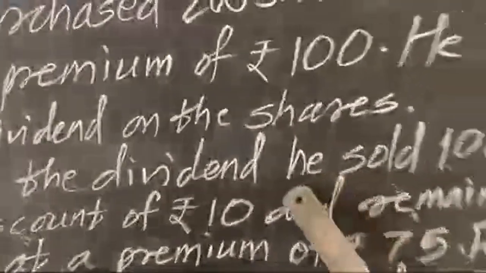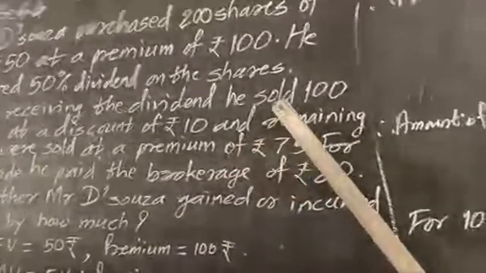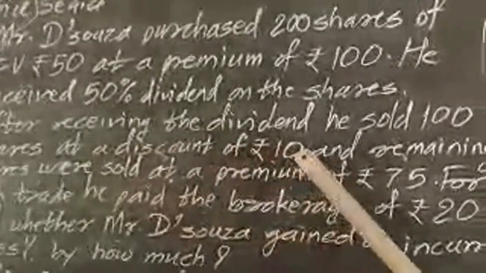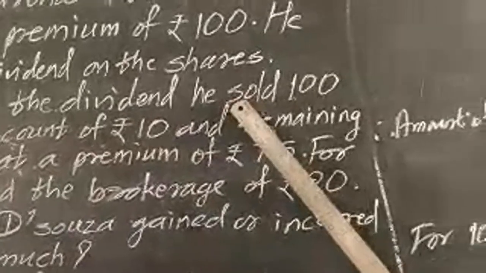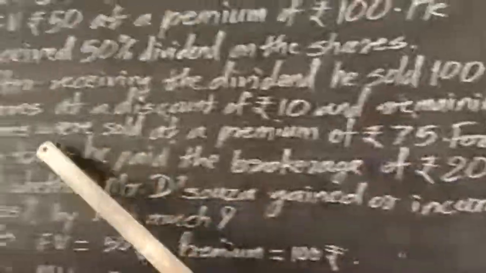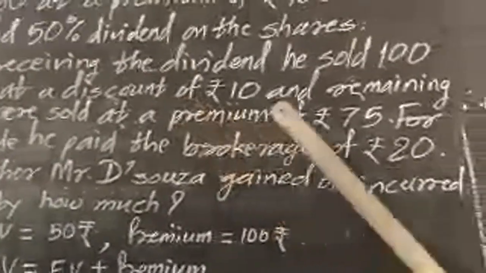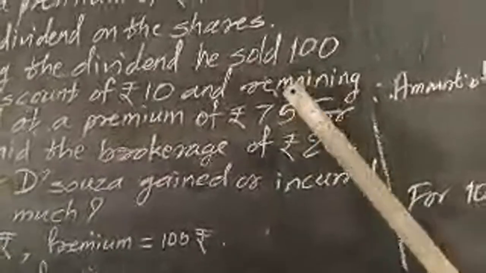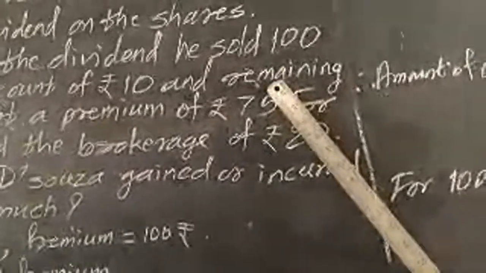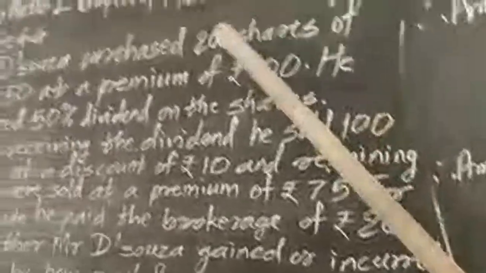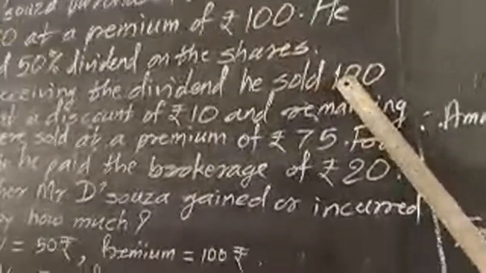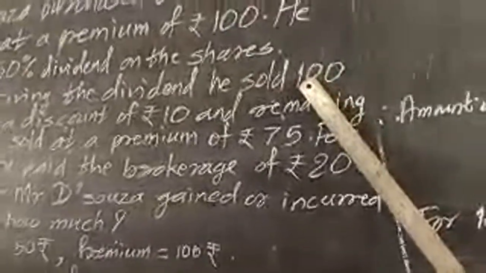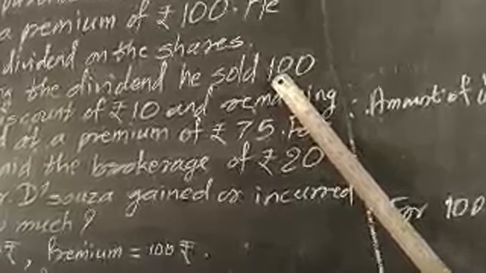Then in the question, 100 shares at a discount of rupees 10 he sold, and remaining shares were sold at a premium of rupees 75. How many remaining shares? Total shares are 200. Out of 200, 100 for first selling, and the remaining shares are 100.